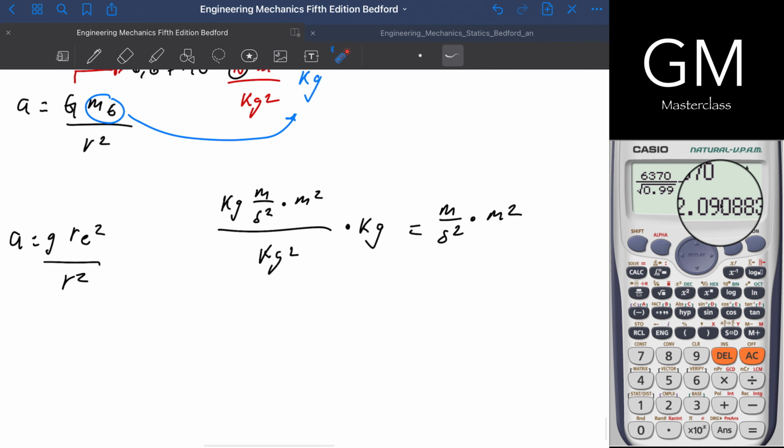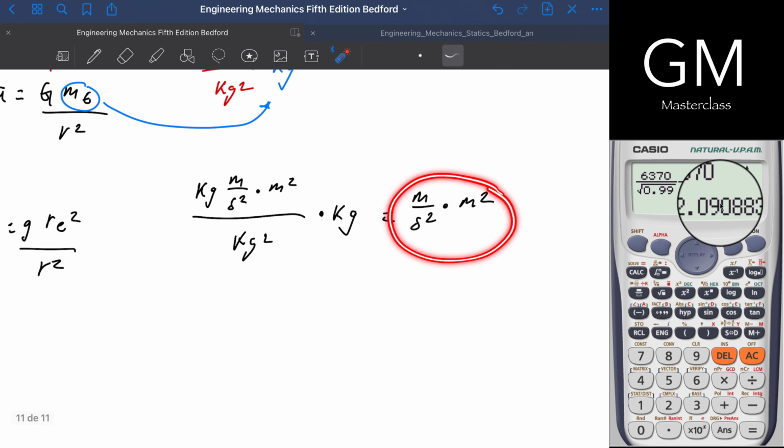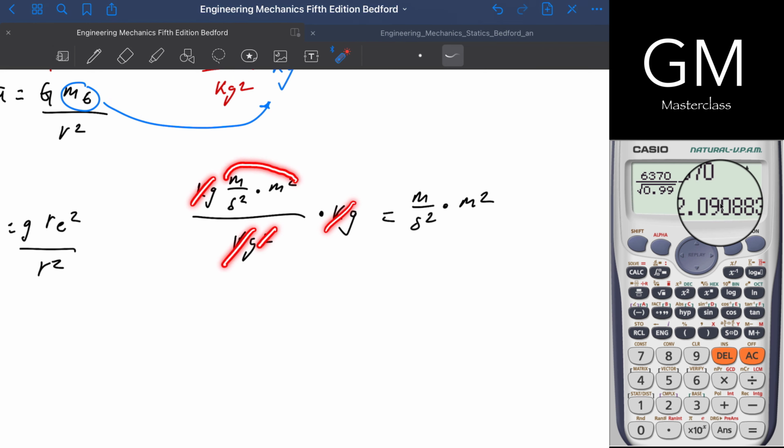Then this is the same thing as having meters to the third power divided by square seconds, right? Now, if I eliminate these kilograms with these kilograms, and I multiply these two units, I'll have meters to the third power divided by square seconds. The same thing as here.